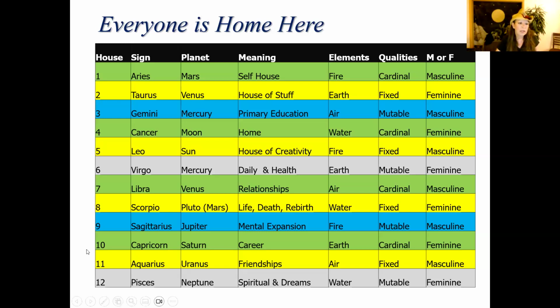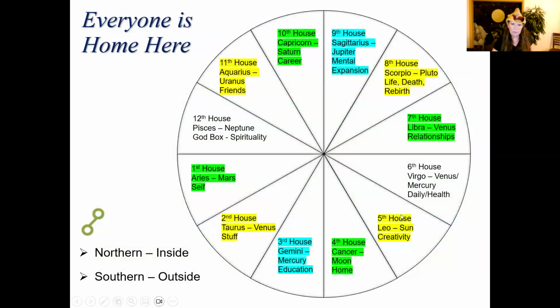They are 180 degrees, or six signs apart, from the eleventh house, Aquarius, Uranus, friendship, air. Again with the air and fire. But they're both in fixed qualities, so they understand each other, and they're both masculine. So here we go. Here's their opposition right here.